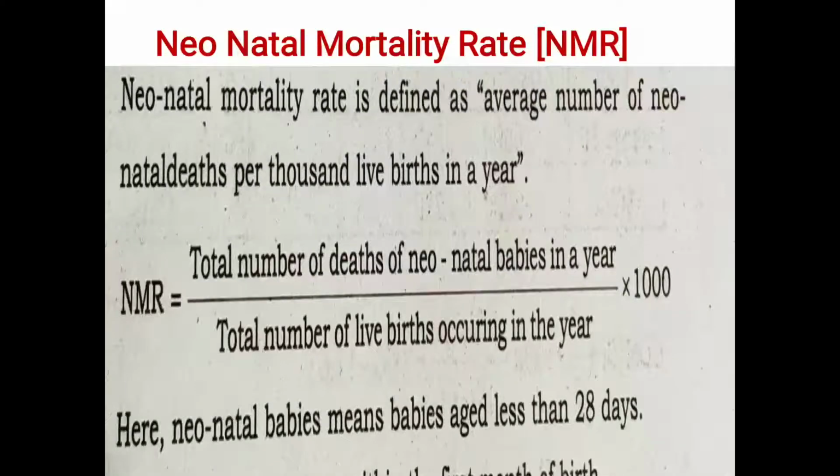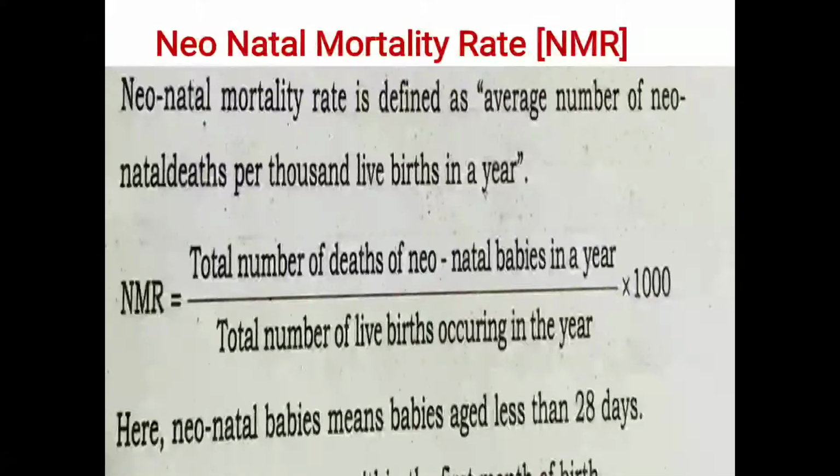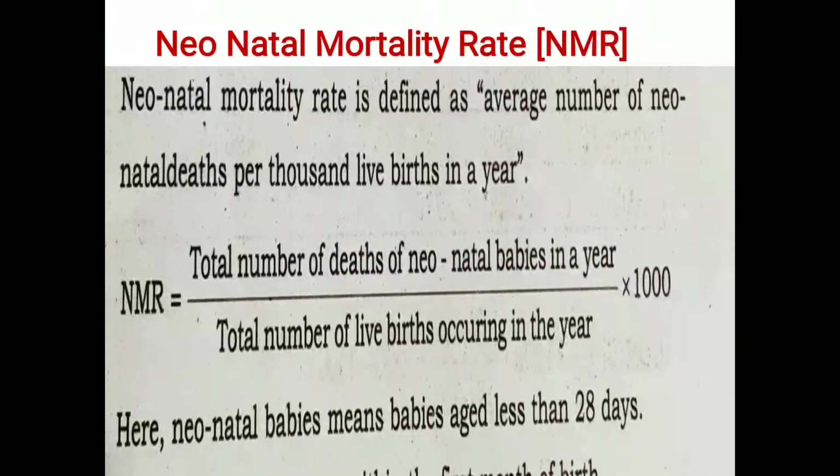Neonatal mortality rate is defined as the average number of neonatal deaths per thousand live births in a year. So it is the total number of deaths of neonatal babies in a year divided by the total number of live births in a year into 1000, where neonatal babies means babies aged less than 28 days.